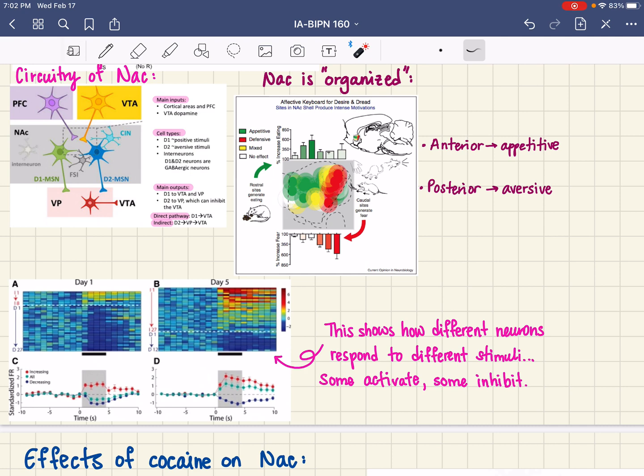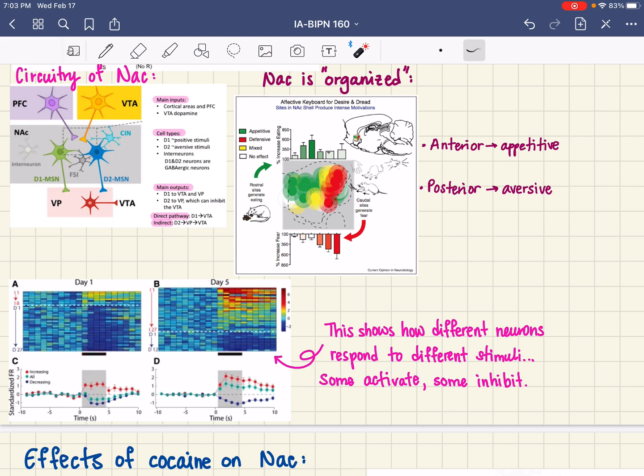But maybe scratch that. All you need to know, I think the basic or the essential point that you can take away from this is that in the nucleus accumbens itself, there are different neurons and they respond to different stimuli. And by responding to different stimuli, they can either activate or inhibit. And by being able to do both, you see how these lighter parts of this diagram mean activation, and the darker parts mean inhibition.